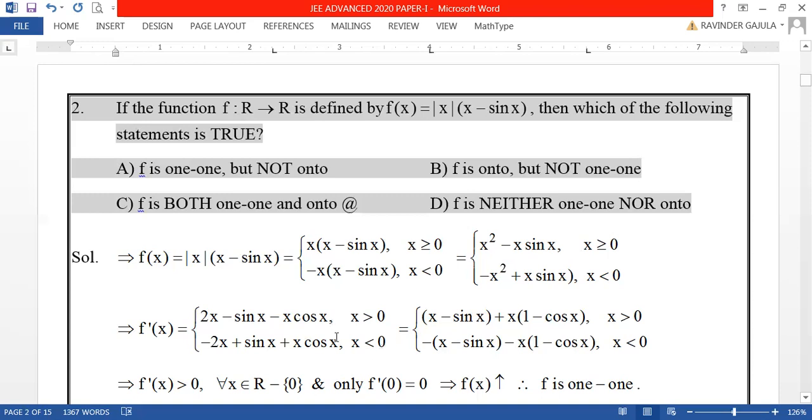Now substituting 0 in both, you get 0 for the right side of 0, and also 0 for the left side, that means f dash 0 is 0, you can accept.